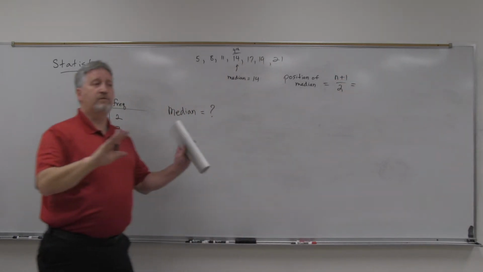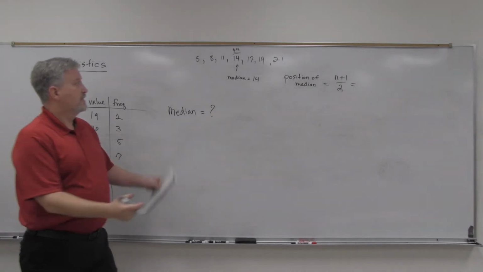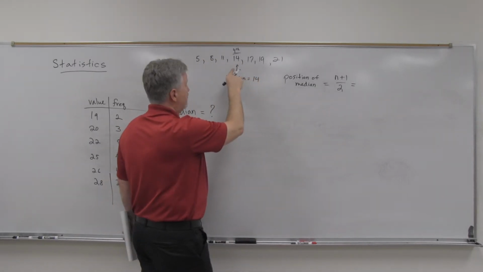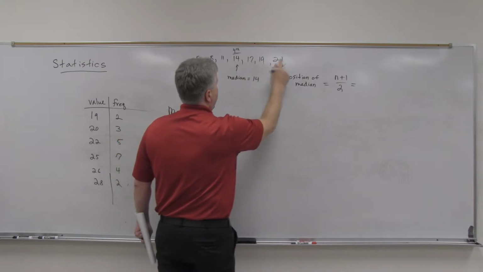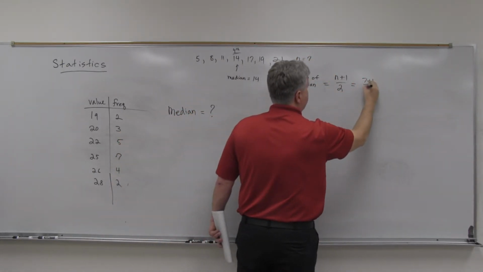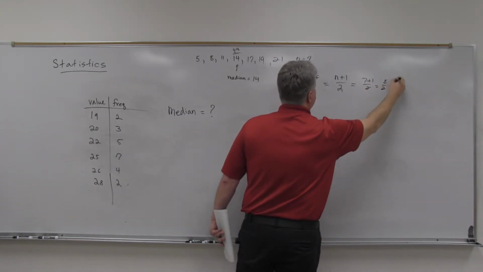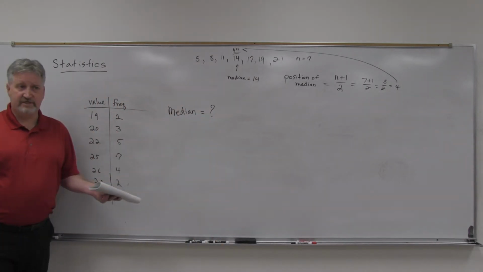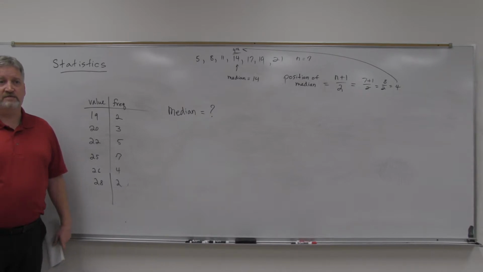Now again, what did we mean by n? Number. Just the number of values there are. So if you look at this, this formula will give us position 4 because n here, 1, 2, 3, 4, 5, 6, 7, n equals 7. So if I do 7 plus 1, divide that by 2, it gives me 8 divided by 2, which is 4. So you see how that works? That gives me a position for the median. It doesn't give me the median, it just tells me where the median is.